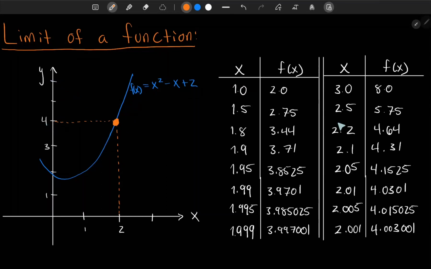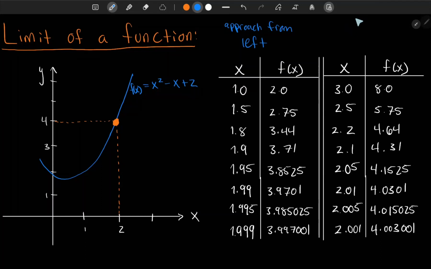Let's look at the two tables. The one on the left, this left table here, approaches from the left.